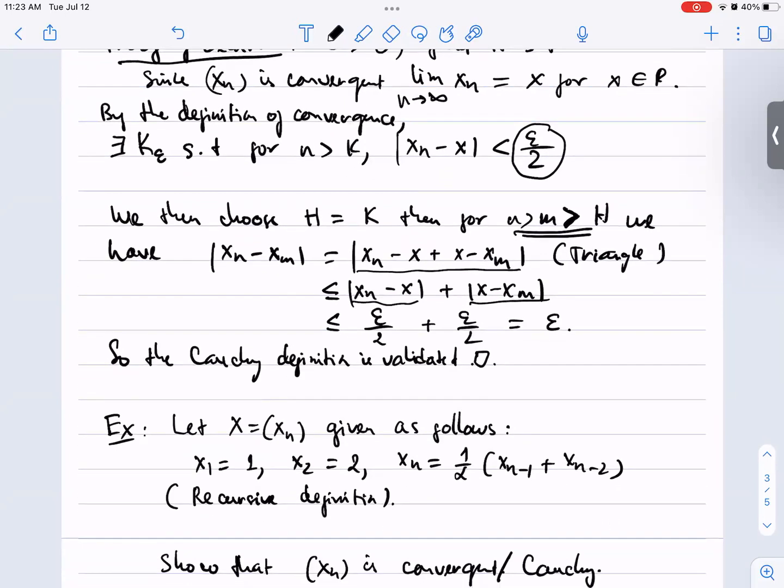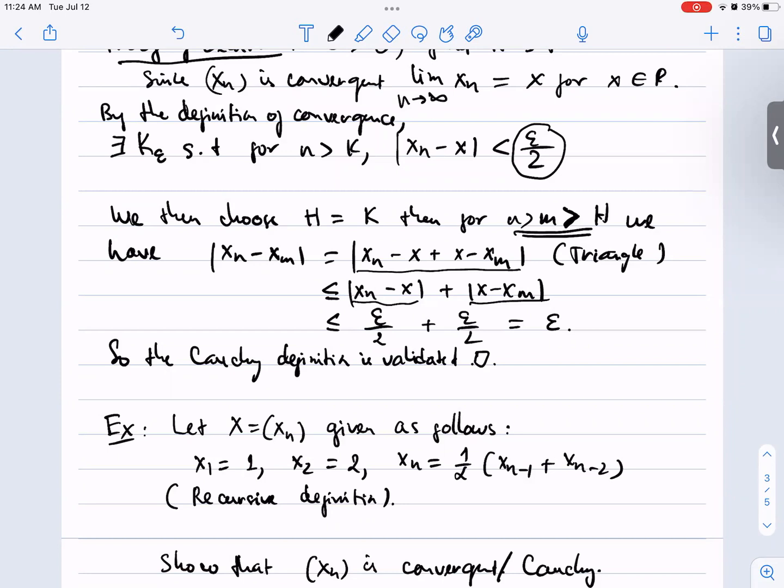Then for any indices n, m bigger than h, we have the difference x_n minus x_m equal to x_n minus x plus x minus x_m.